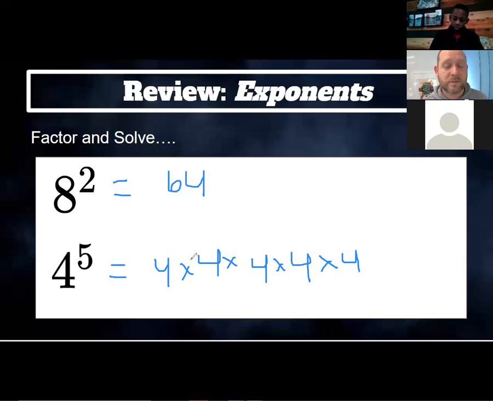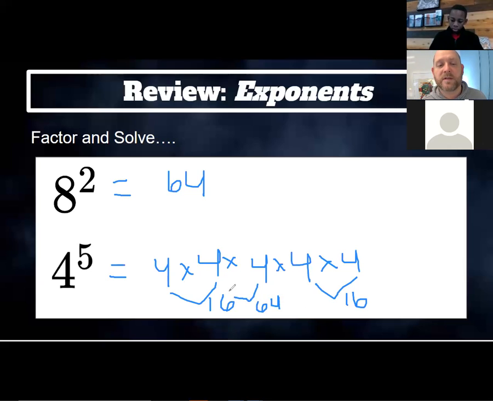So what I do is throw together things that I know. I know 4 times 4 is 16, right? So you can do that twice. I also know that 16 times 4 is 64. So there I've got 64 times 16, and we can probably do that pretty quick, right?